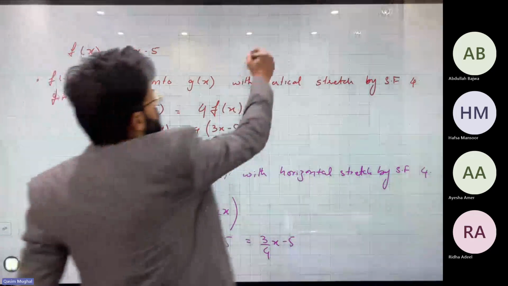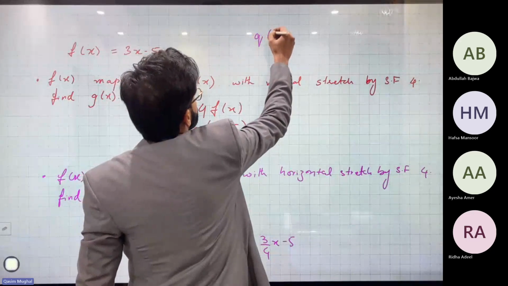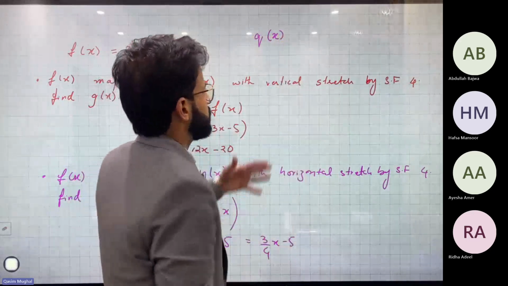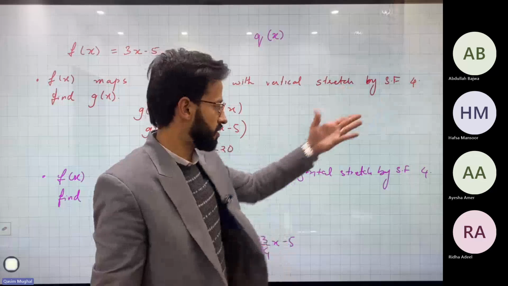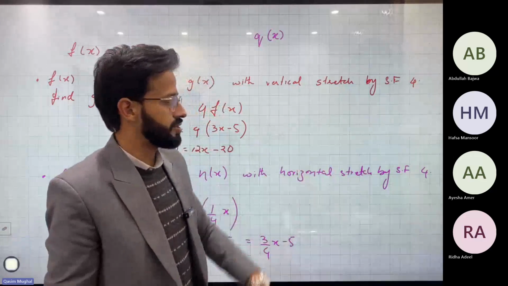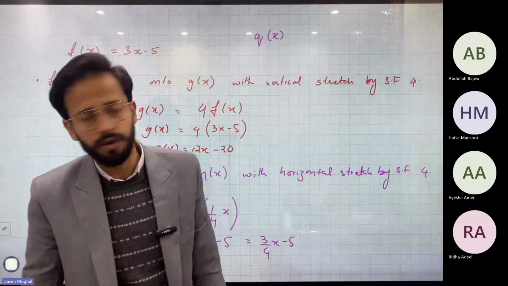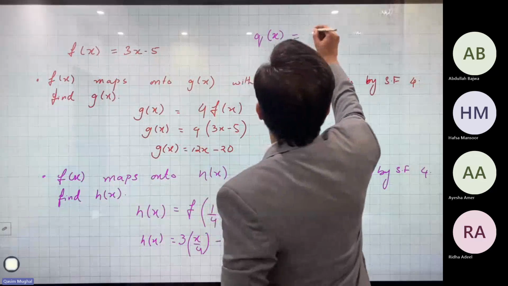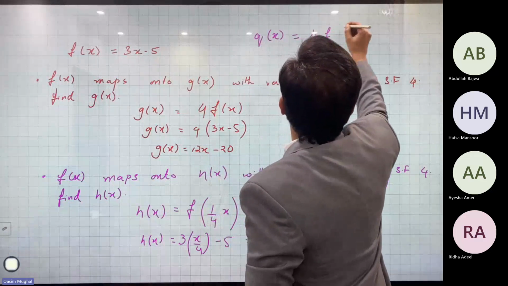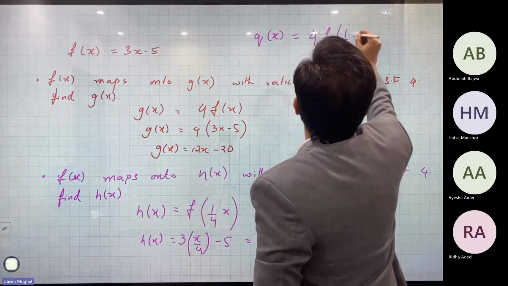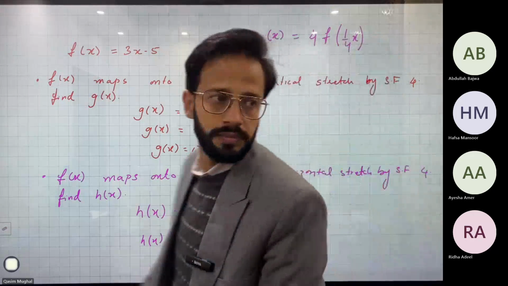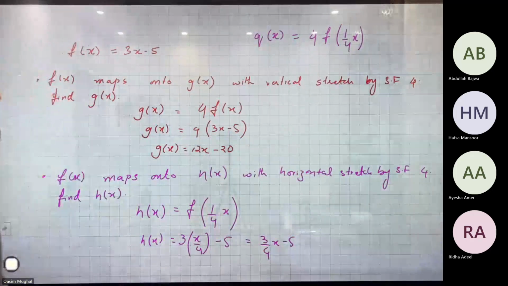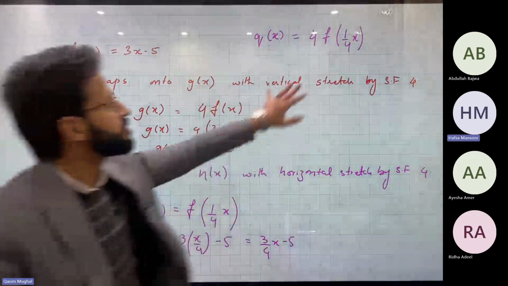Let's suppose we have a function q of x, and q of x is a vertical stretch by a scale factor 4 and a horizontal stretch as well by a scale factor of 4. So q of x is going to be a vertical stretch as well as a horizontal stretch. Got it? So that's the notation.